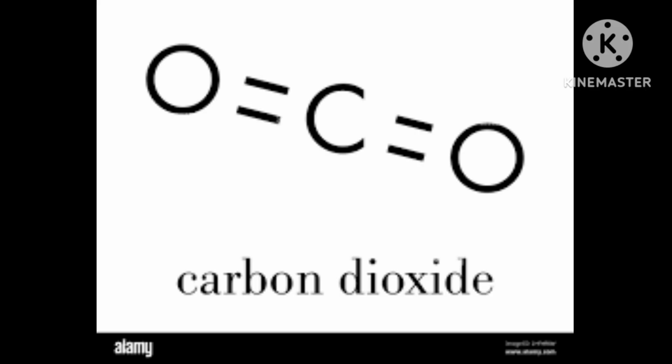The H2CO3 HCO3 bicarbonate buffer system helps to maintain the pH of blood between 7.26 and 7.42. This question is asked.